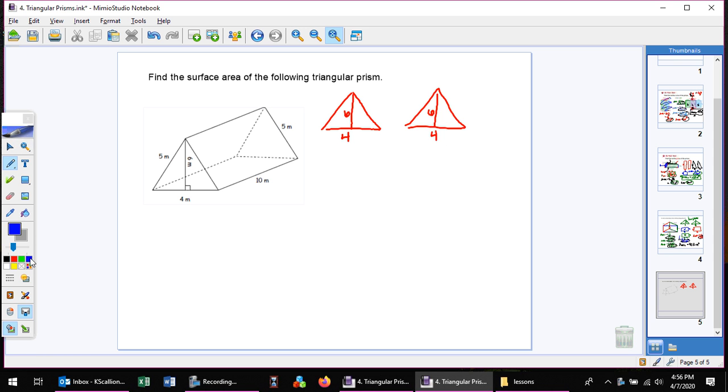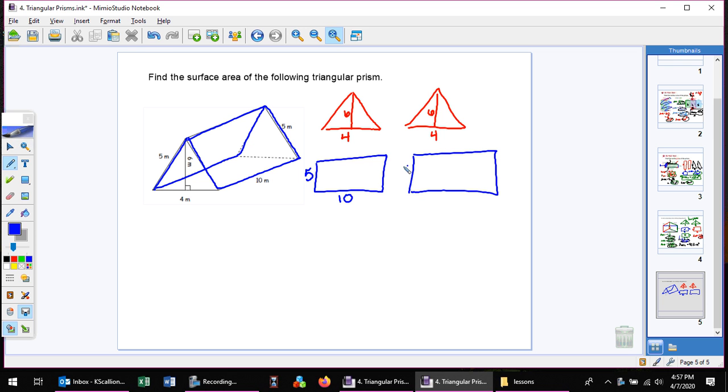Now this one's pretty cool because this side is a 10 by 5 rectangle. It's like a tent. So I've got 10 for my length, 5 for my width. But this side is also 5, so that must mean that this rectangle back here is also the exact same. The nice thing about this is that when you have the same objects, you don't have to do the math twice.